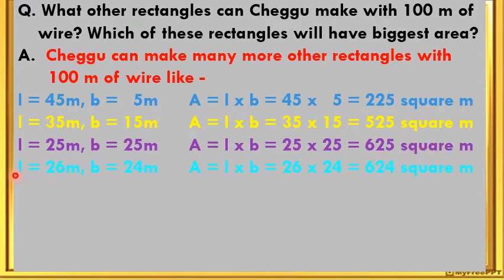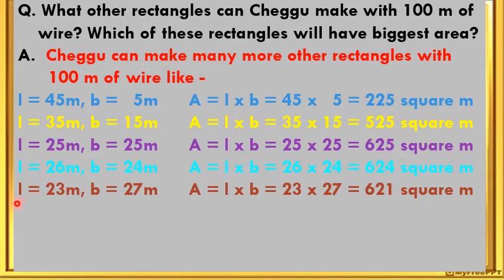Fourth one, suppose if length is 26 meters and breadth is 24 meters, that is 26 plus 24 plus 26 plus 24 gives 100 meters long wire. Then area is length multiplied by breadth, that is 26 multiplied by 24, we get 624 square meters.